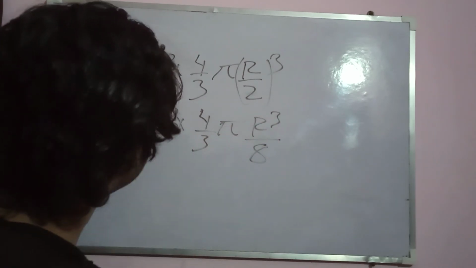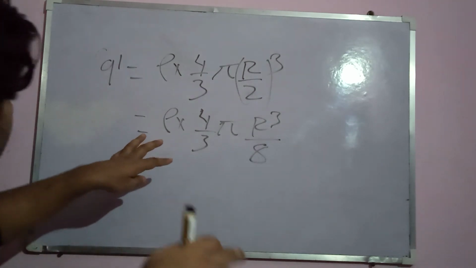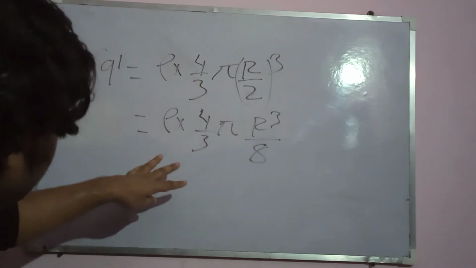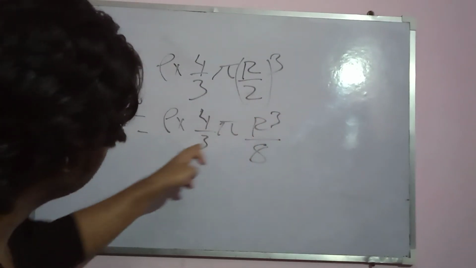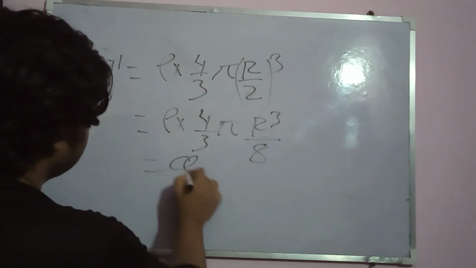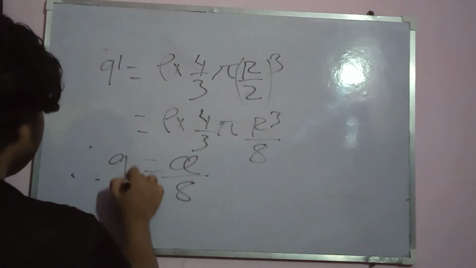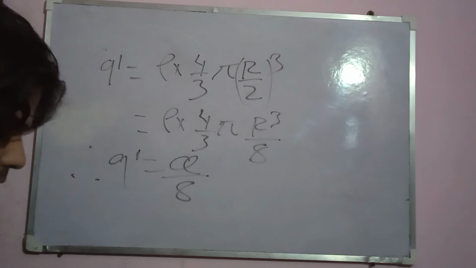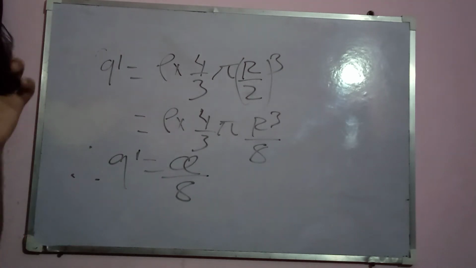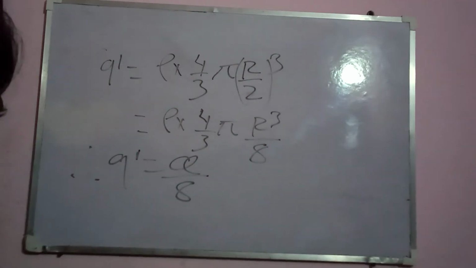And as we know, rho is the density inside the bigger sphere. So rho into the volume of the bigger sphere gives us the total charge, that is Q by 8. So the charge on the smaller sphere is Q by 8.